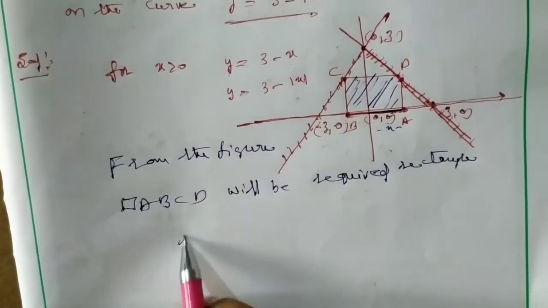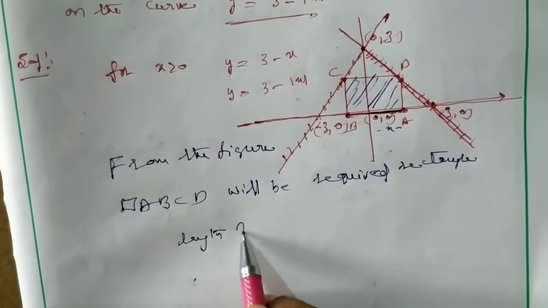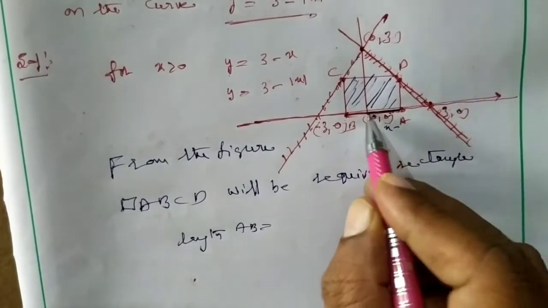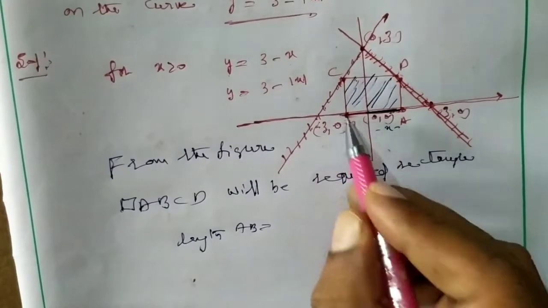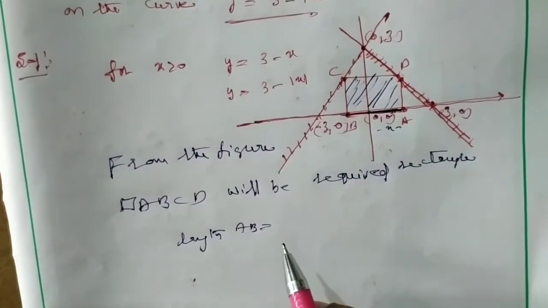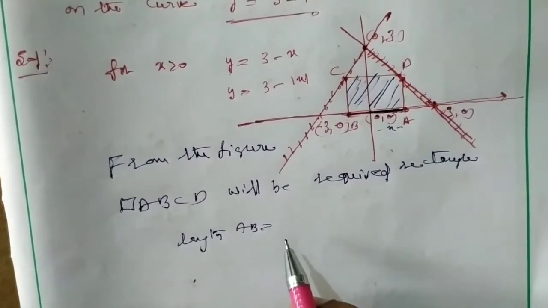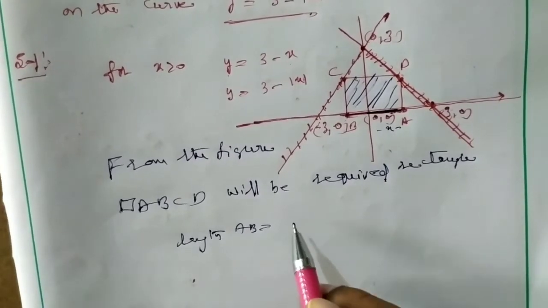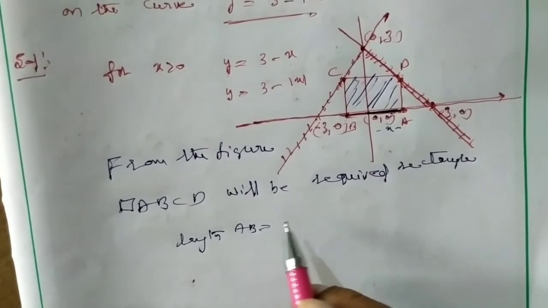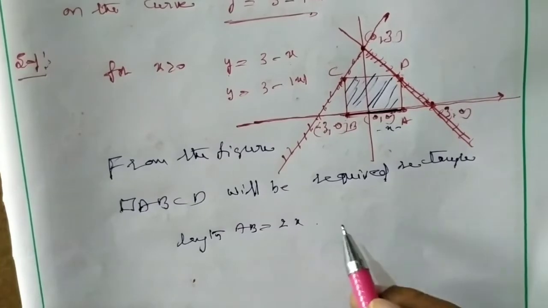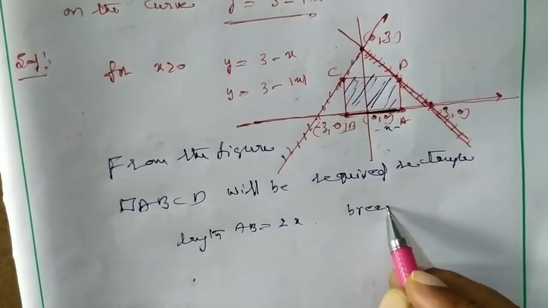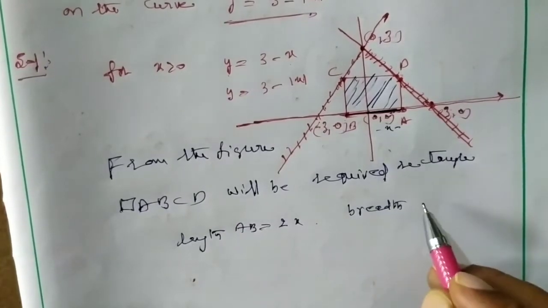So length AB is equal to OA plus OB, which is x plus x, that is 2x, and breadth is equal to AD.